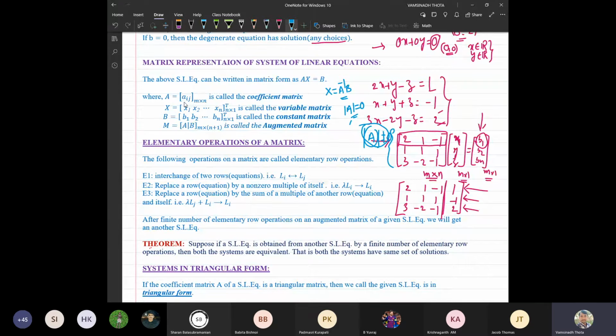That is using the inverse of the coefficient matrix. But if the coefficient matrix is singular, with a zero determinant, it does not mean the system does not have any solution. It may have a solution, it may not. Both are possible. If you closely observe at your +2 level also, whenever the determinant of A is equal to 0, the answer is not that the solution does not exist.